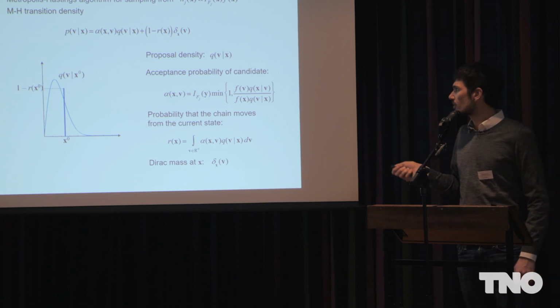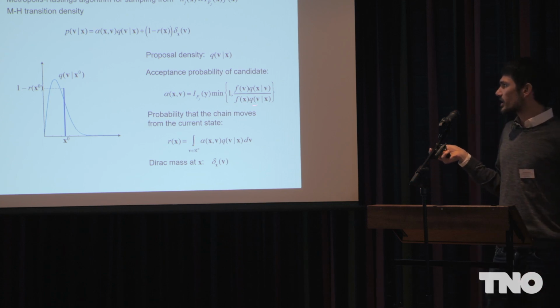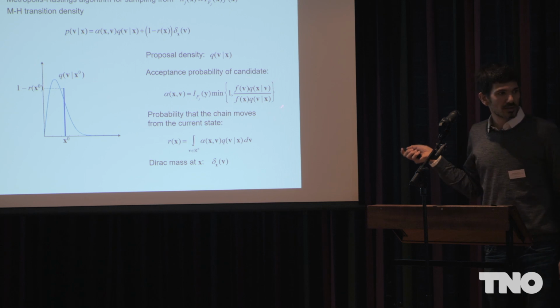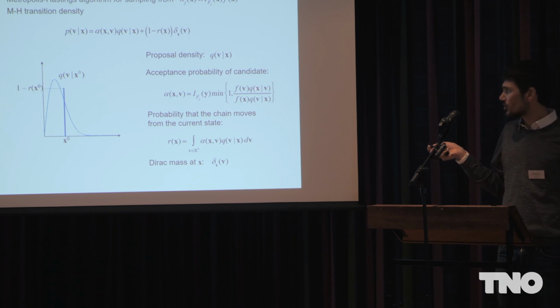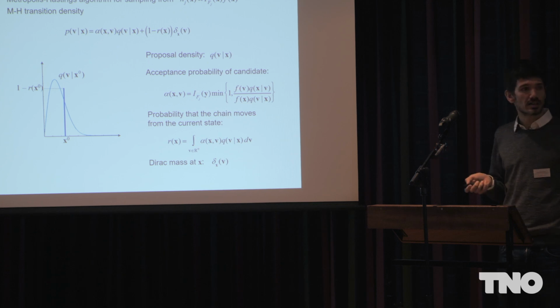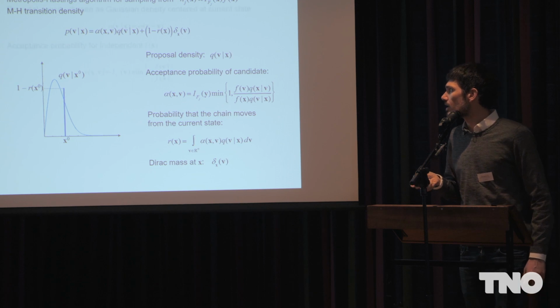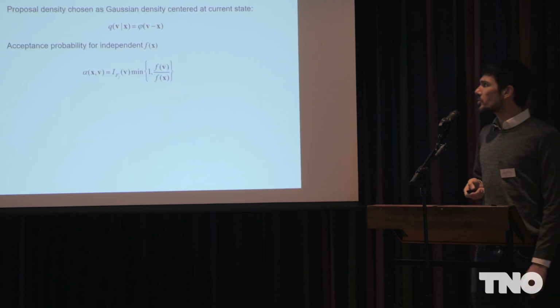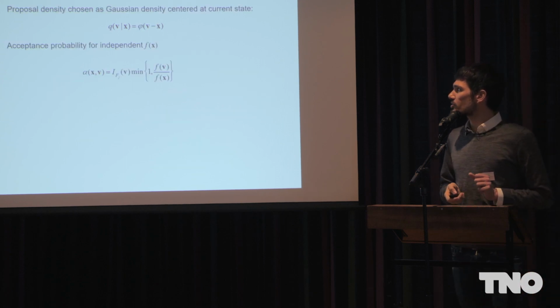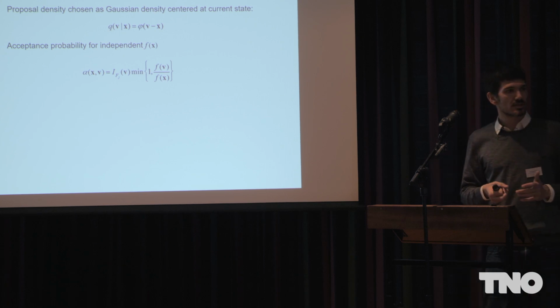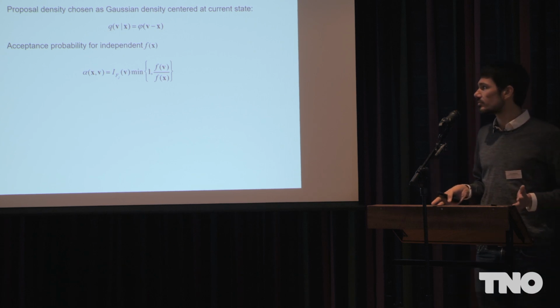Okay. The acceptance probability looks like this for standard Metropolis-Hastings, where Q is the proposal distribution. In this case, f is the density of the random variables, and I is the indicator function. Okay. In the standard random walk sampler, we can use as proposal density the Gaussian density centered at the current state of the chain. Okay.